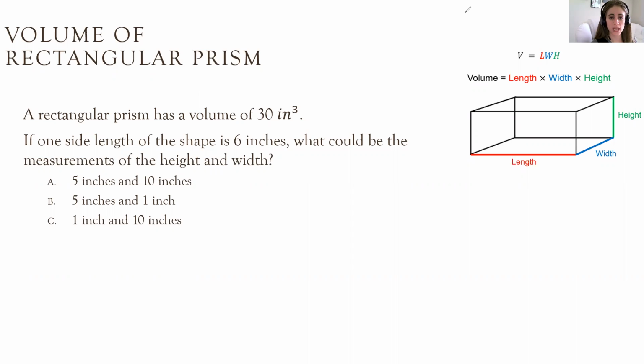There are a couple different ways that you could go about solving this. I personally like to just go through my different answer choices and see which one will give me a volume of 30 inches. And we know that one side length is 6. Let's go ahead and work out problem A first.